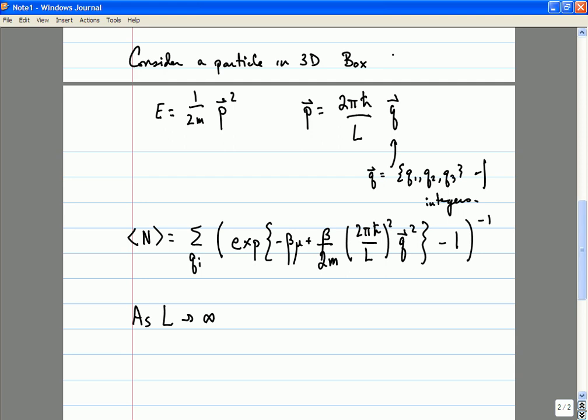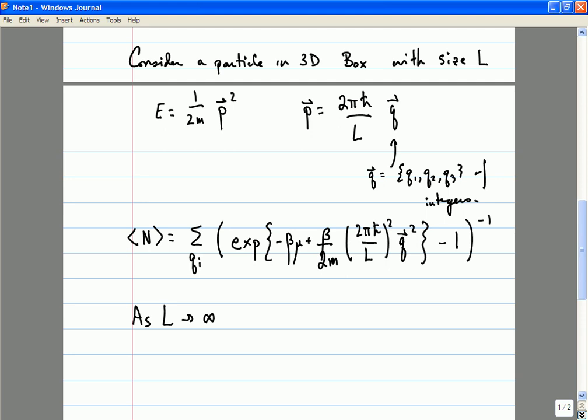So the box has some linear size L, and let's take L to infinity. And in the limit where L goes to infinity, intuitively you expect that the quantization of p will become more and more fine-grained, and so we can approximate this summation by an integral d3q.